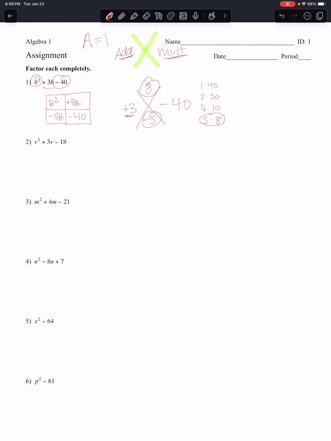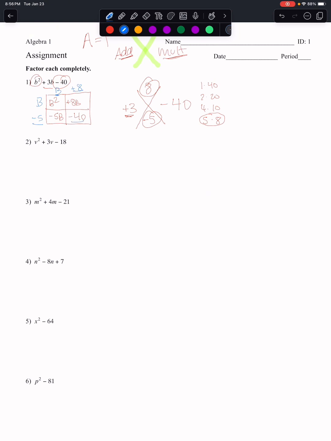Now we have to identify what made this. b times b was b squared. b times a positive 8 makes 8b. Down here, negative 5 times the b up here gives us negative 5b. And if you double check your work, negative 5 times positive 8 is negative 40.